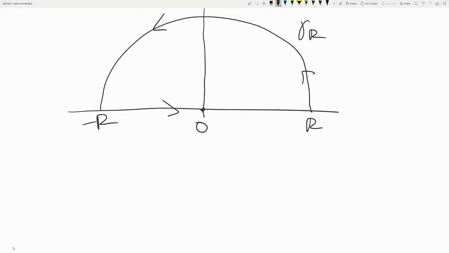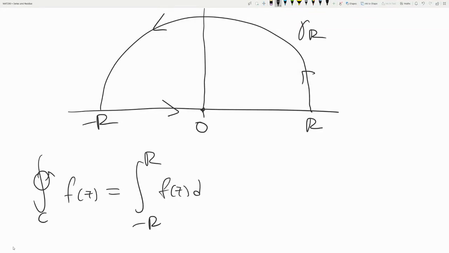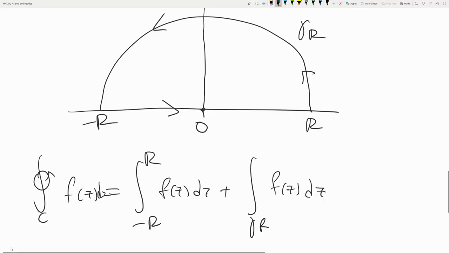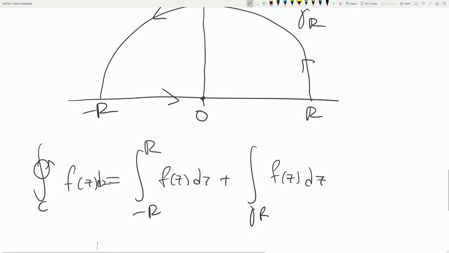Some people write C_R, doesn't matter. So we have a contour C and we split it. We have minus R to R, and then we have this semicircle.